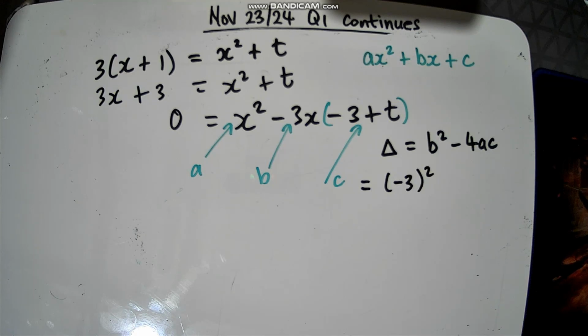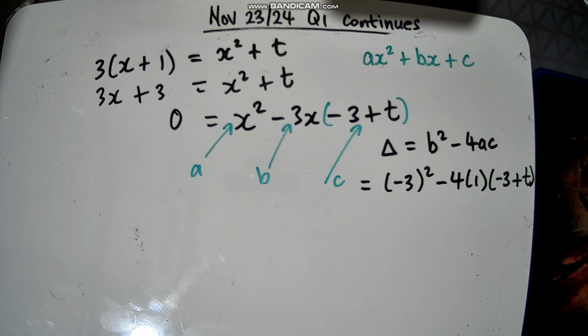So substituting, we know that b is minus 3, so it's minus 3 squared minus 4, a is 1, and the c is minus 3 plus t. Now looking at the chart, remember what it says in the chart. All of that must be more than or equal to 0 for it to have real roots.